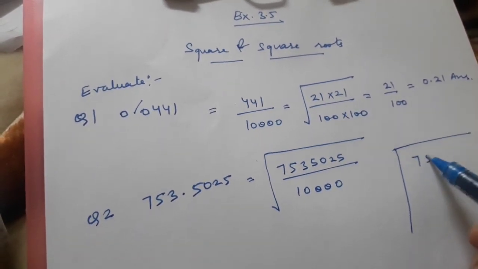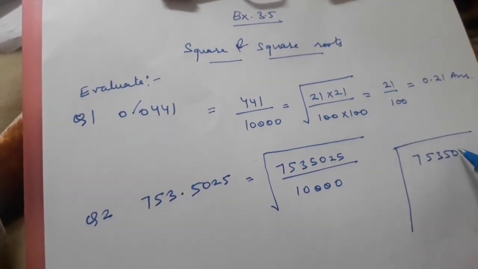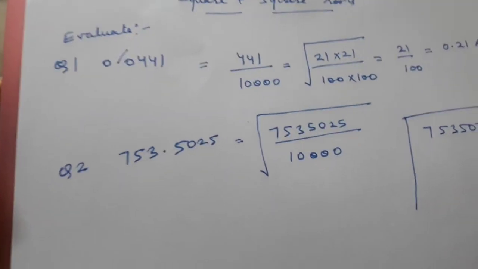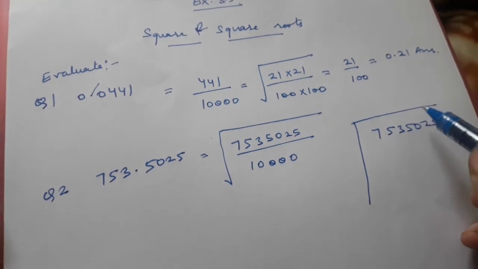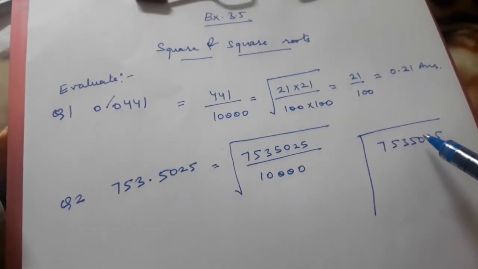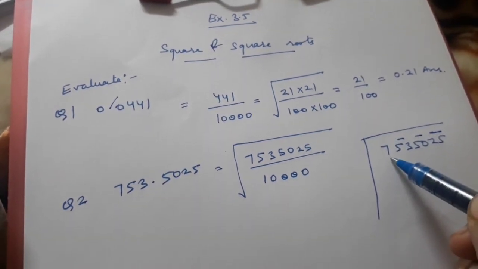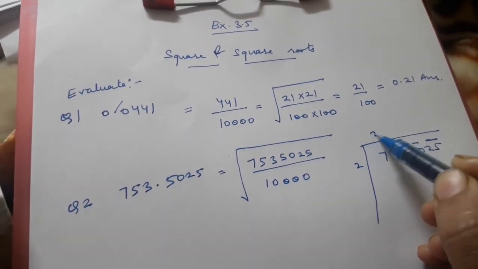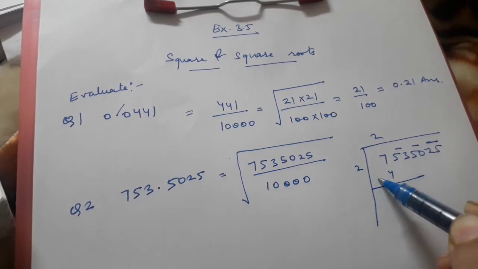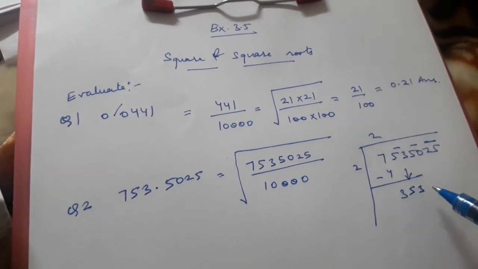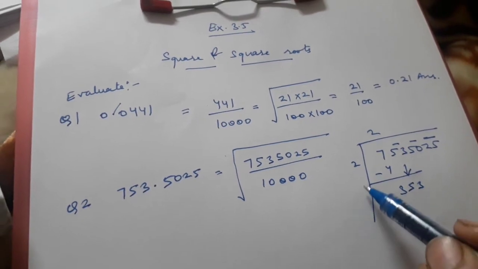As we all know how to solve by long division, making pairs from the right hand side. So 7 would go by 2 into 2, that is 4. The 3 whole pair of numbers will come down.